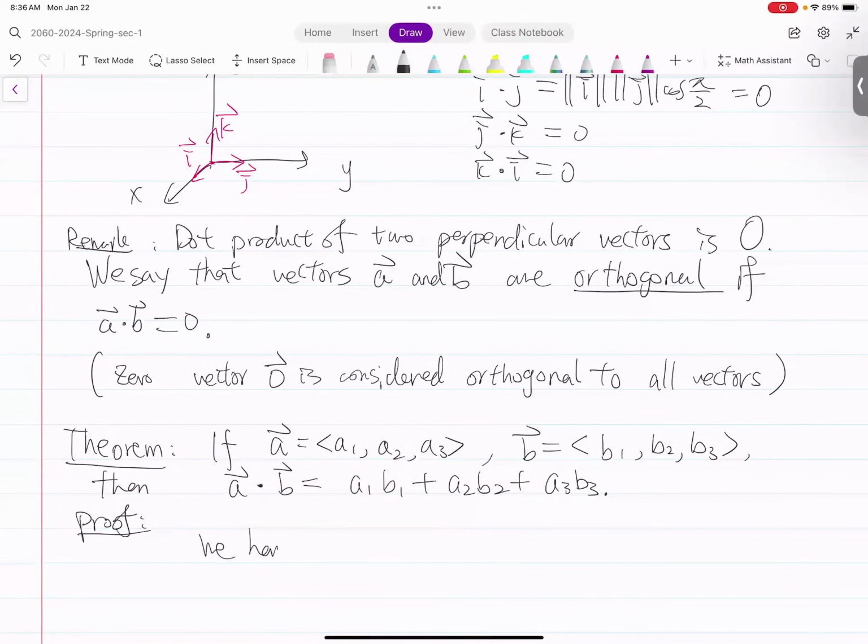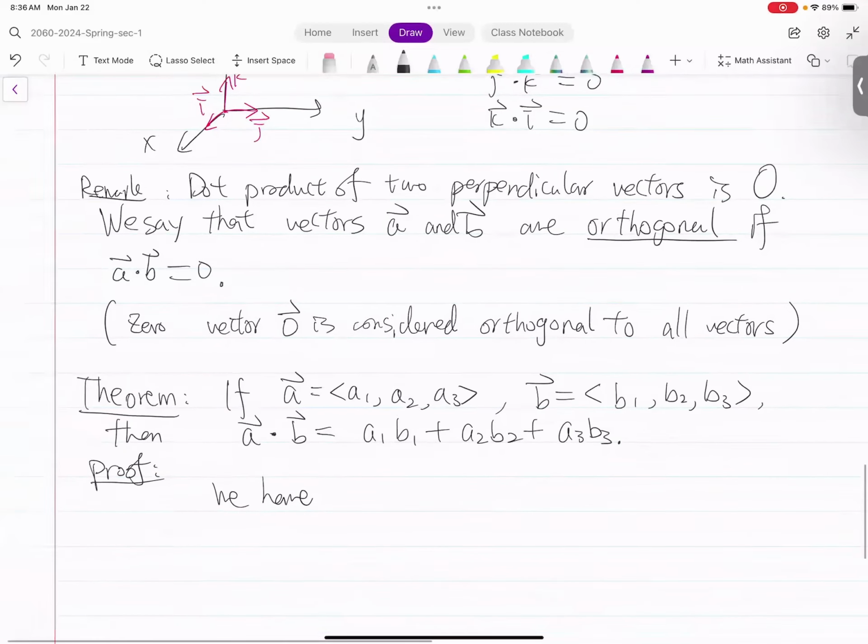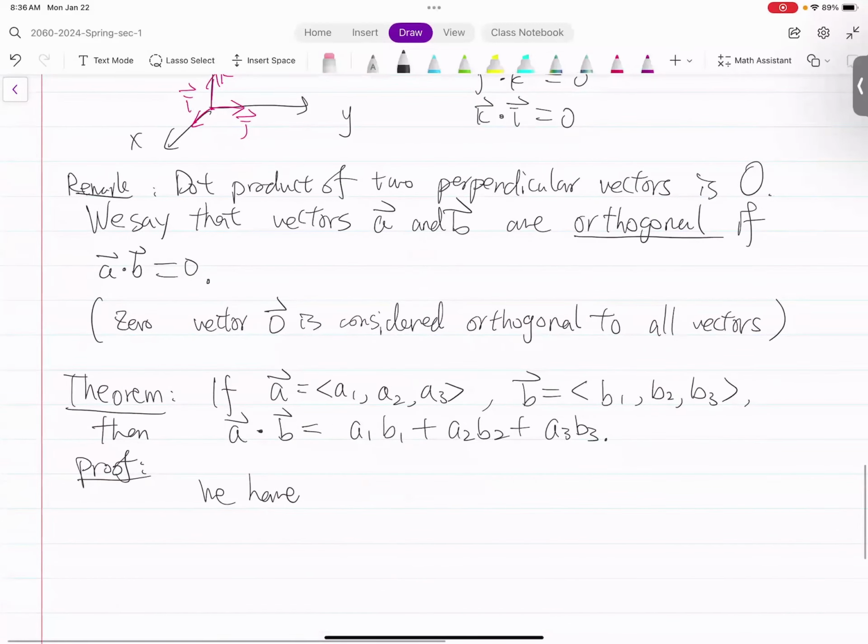Basically we have the tuple form of the vectors, and we just write them in terms of the standard basis.